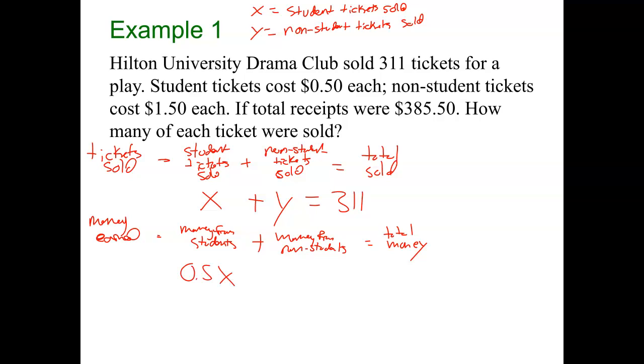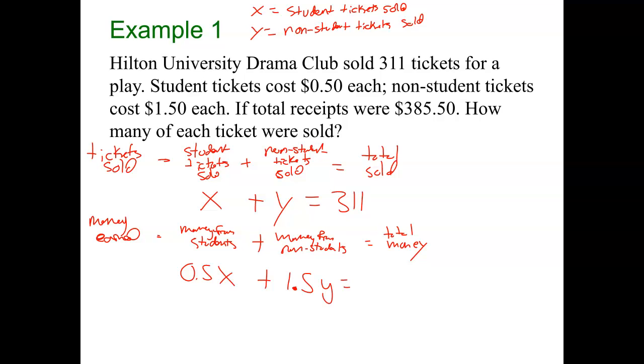I don't know how many that is yet, but that's my expression. So what about money for non-students? $1.50 times what? Did I sell 311 non-student tickets? Times Y. That's total. I don't know how many non-student tickets.